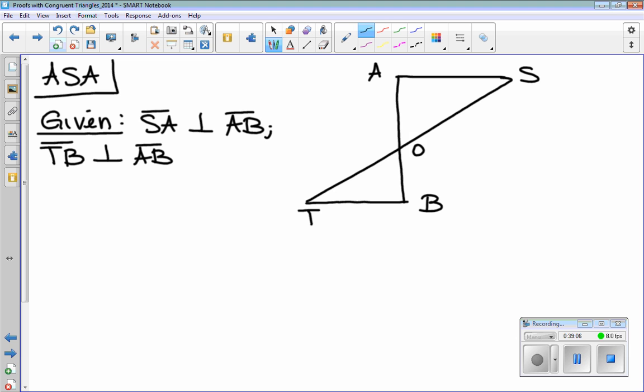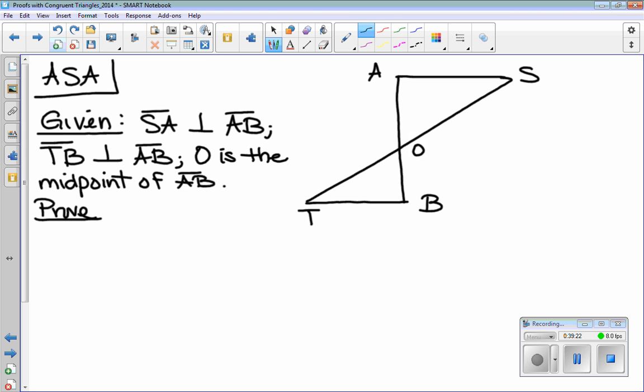And we're going to be given that O is the midpoint of AB. We're going to be asked to prove that triangle TOB is congruent to triangle SOA.